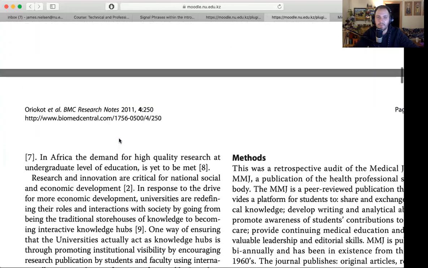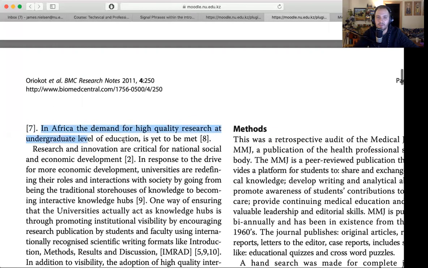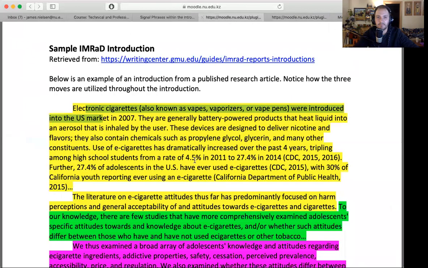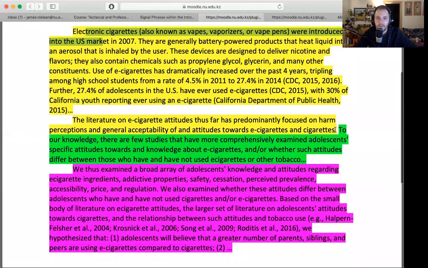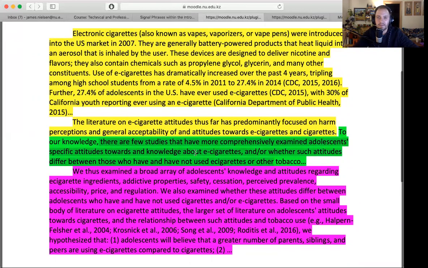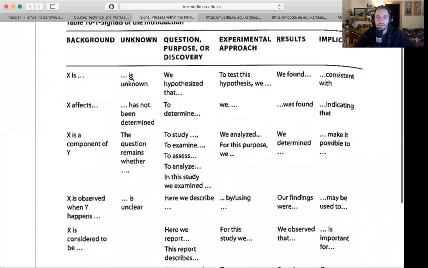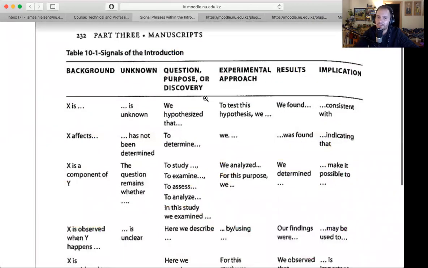And then we say, in Africa, the demand for high quality research at undergraduate level is yet to be met. There's an unknown there. Right here, to our knowledge, there are few studies that have more comprehensively examined these things. There's an issue there. And so you can bring up the issue in one of these ways, or a different way. It's up to you. And then we move on to the purpose.